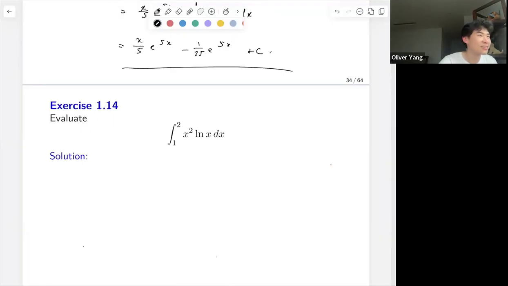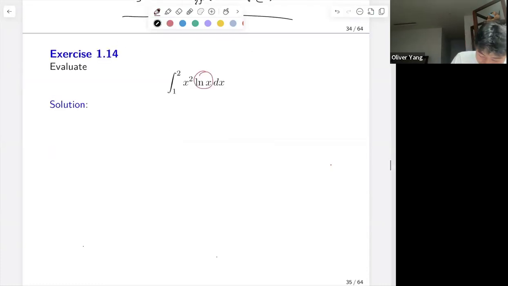Okay, next one, same sort of thing, right? We've got x squared and we've got a ln, natural log, right? But we can see that if we derive ln x, we kind of get rid of it because it becomes 1 over x. So let's just do that. So I'm going to quickly let u equal ln x. Whatever you let u equal, that's the one that you're deriving, yeah?